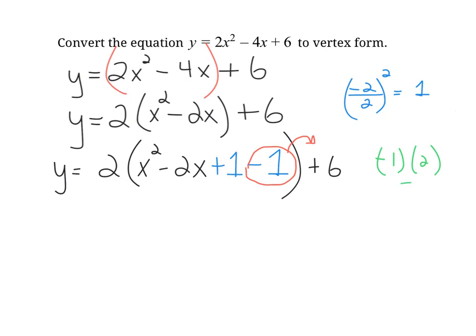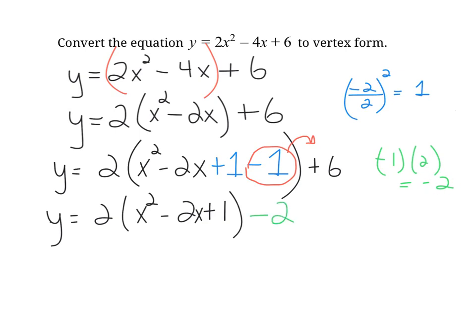So a -1 times 2 is a -2. So we're going to recopy what we have in our equation. So we've got 2 multiplied by x squared minus 2x plus 1. And then this -2 is going to go on the outside of the bracket, and we still have a +6.